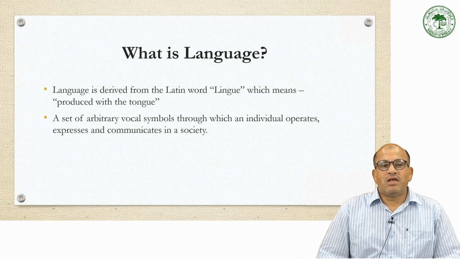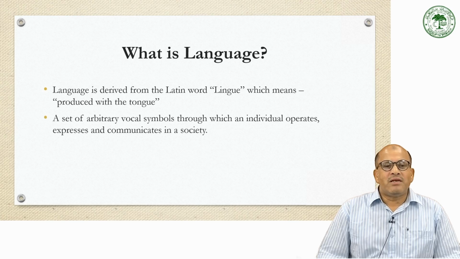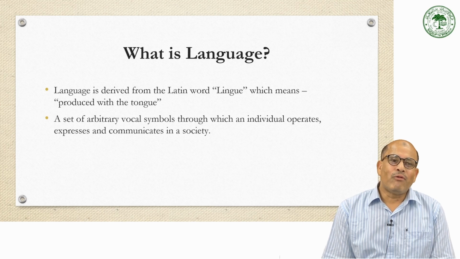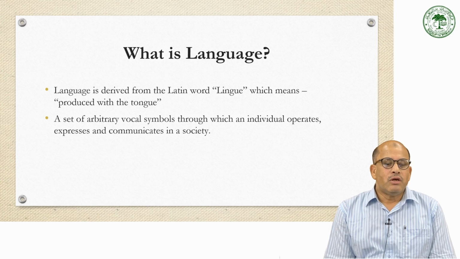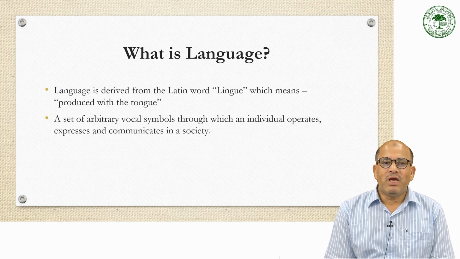Morphology is the study of word forms and their internal structure. To look at the internal structure, we also need to know what exactly language is. So everything depends on language and its structure. Language is derived from the Latin word lingua, which means produced with the tongue.